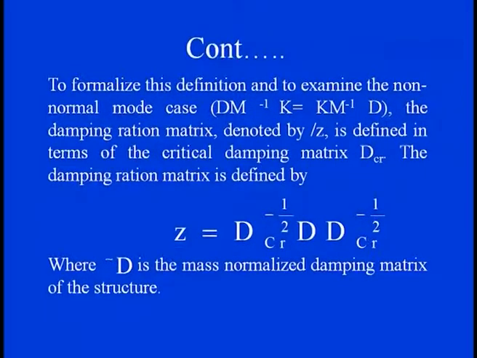In the non-normal mode, the damping matrix D multiplied by the inverse of the mass matrix and the stiffness matrix gives K M inverse D, and the damping ratio matrix can be shown by Z, which is equal to D critical to the power half, times D, times D critical to the power minus half. We can then normalize using the normalization of the mass and other matrices along with the normalized damping matrix of the structure.